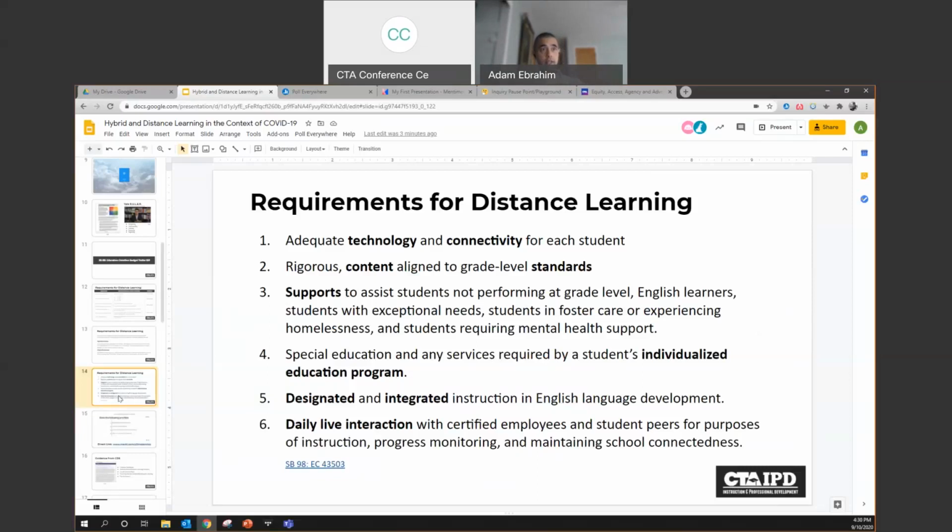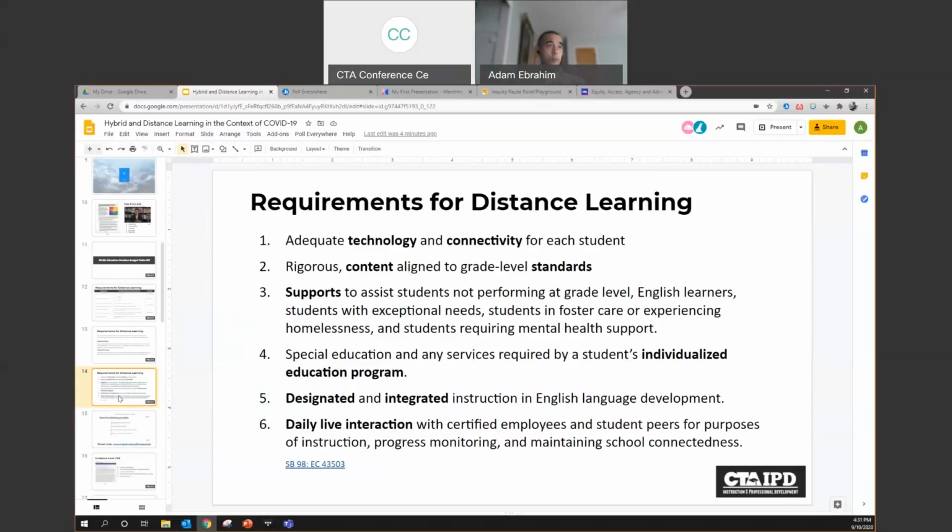They're engaged in distance learning. That the distance learning is content aligned and at the same standard of rigor as in-person instruction. And that we are supporting our English learners, our students with exceptional needs, foster, and homeless, which is a new call out, which I think is important.